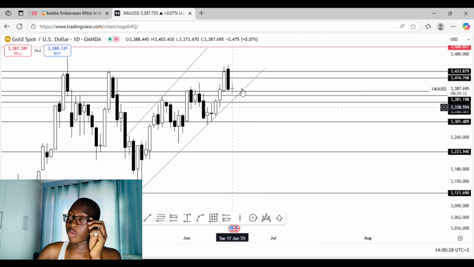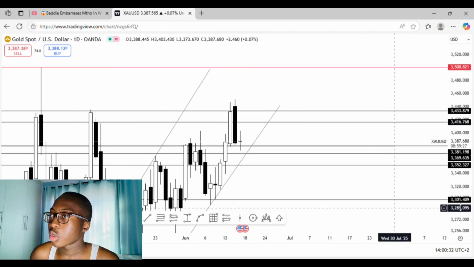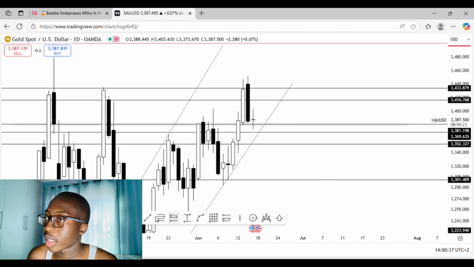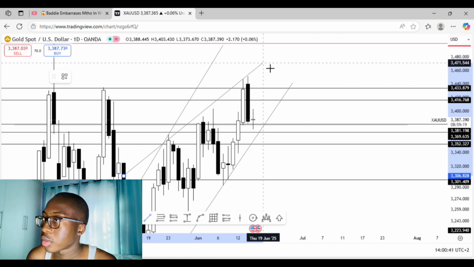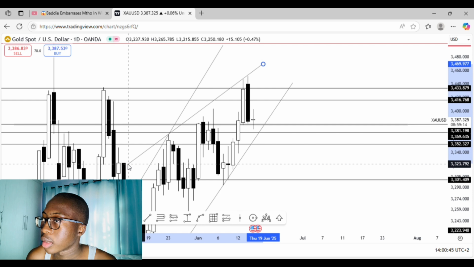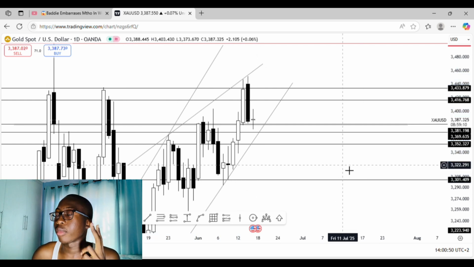So we have a beautiful bullish trend that was not even broken. So in this instance, what are we doing? If I can just try to connect the trend line here, would it be connected? Yes, it would be connected, because I need only 2 points to connect a trend line.